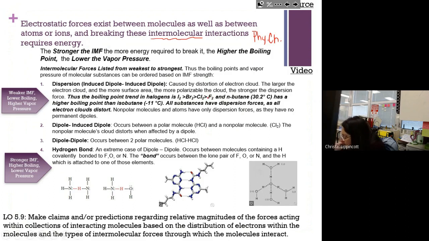Okay? Memorize those phrases. Dipole-induced dipole then occurs when a polar molecule and a nonpolar molecule come near one another. This will distort this and create an interaction. Dipole-dipole is going to occur between polar molecules, where the positive end of the molecule is attracted to the negative end of another molecule.